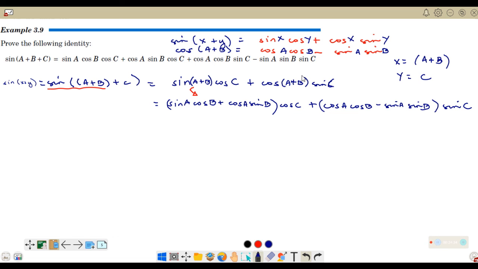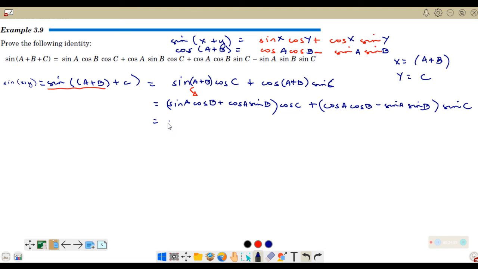We are just going to distribute cosine C. Magkakaroon tayo ng right distributive property. Didistribute lang natin siya dito sa dalawa. Tapos, ito namang si sine C, didistribute lang din natin siya dito sa dalawang terms inside the parenthesis. I-eliminate lang natin itong mga parenthesis natin dito.